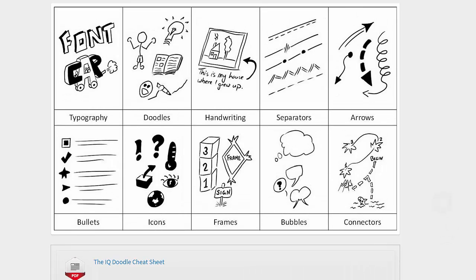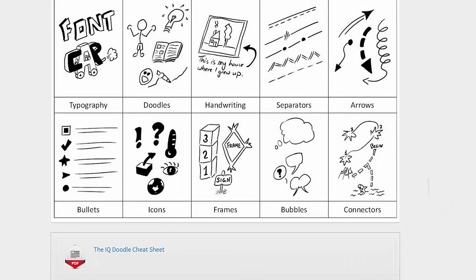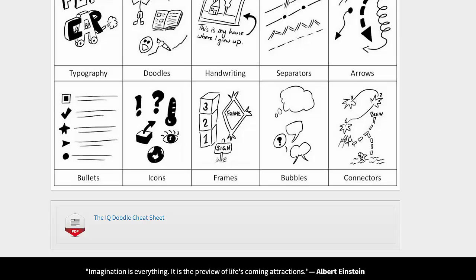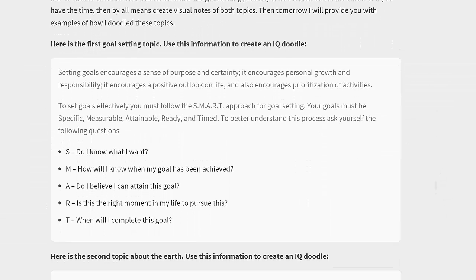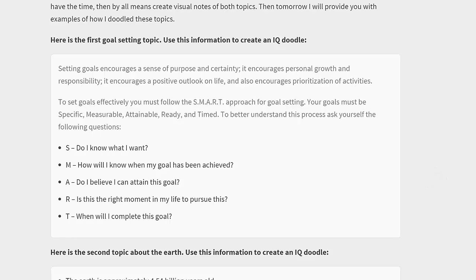And for today's challenge, I want you to use this as a cheat sheet, and you can download it here. It's in PDF format. And what I've presented for you is a couple of exercises, a couple of challenges. They're going to be tougher than what you've had in the past.